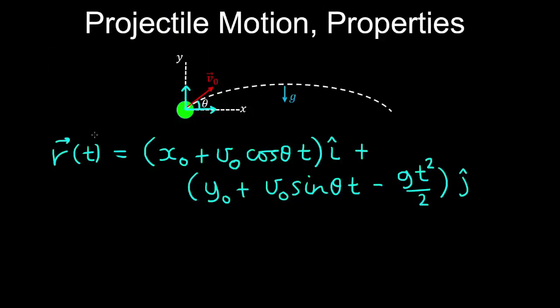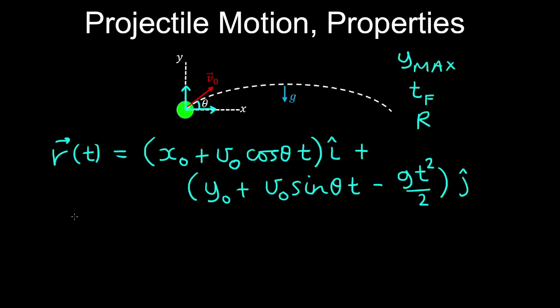Given our general vector-valued function for ideal projectile motion, which we derived, we can derive a few quantities, being the maximum height of the projectile, the time of flight, or the time that the projectile is in the air, and also the range of the projectile.